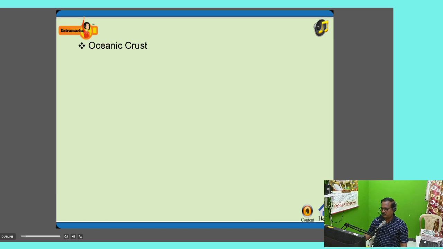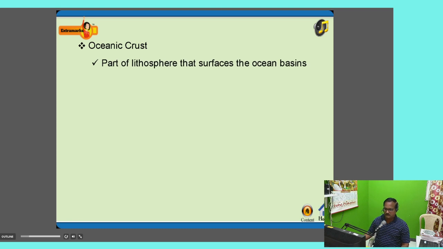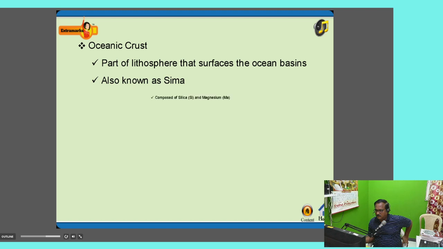Oceanic crust, the part of the lithosphere that surfaces the ocean basins, also known as Sima, is composed of silica, Si, and magnesium, Mg.